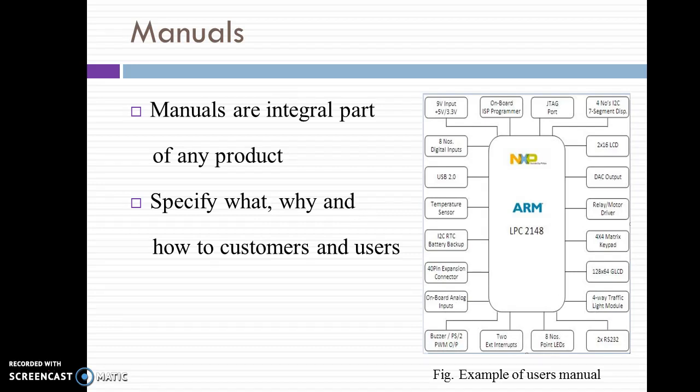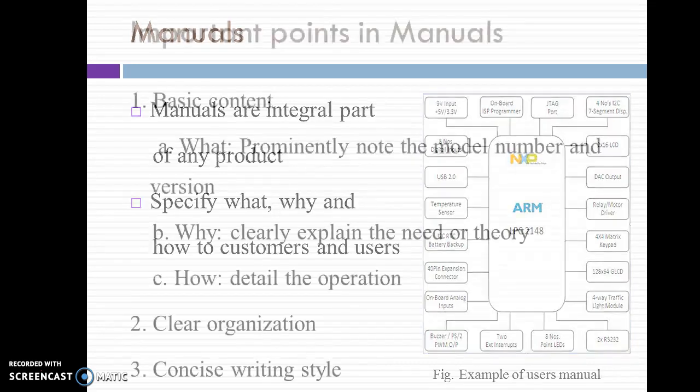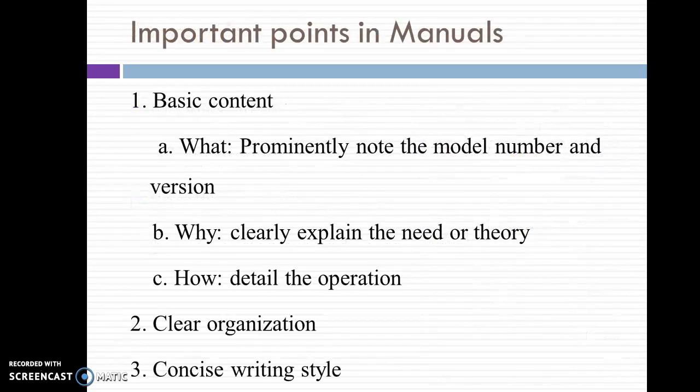Here an example is given: the ARM microcontroller. With the ARM microcontroller, we can get the datasheet of this microcontroller. That datasheet is nothing but the user manual of that ARM microcontroller. Using that, we can easily access different specifications of the microcontroller and different uses of that microcontroller.